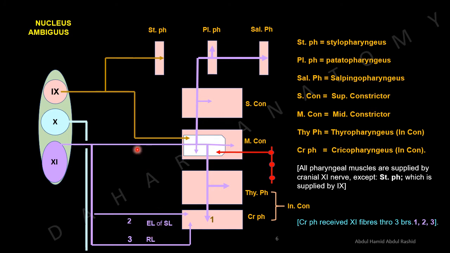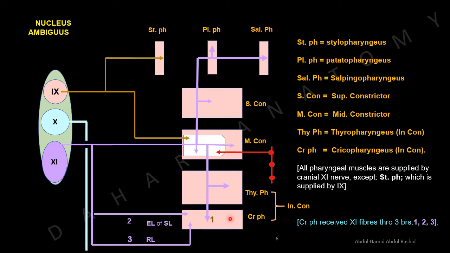They also come from the 11th cranial nerve, coming down along the vagus nerve, and supply this small cricopharyngeal part. So the cricopharyngeal part is supplied by three branches. One, the 11th cranial. Number two, superior laryngeal. Number three, recurrent laryngeal. All three supply the cricopharyngeal part.